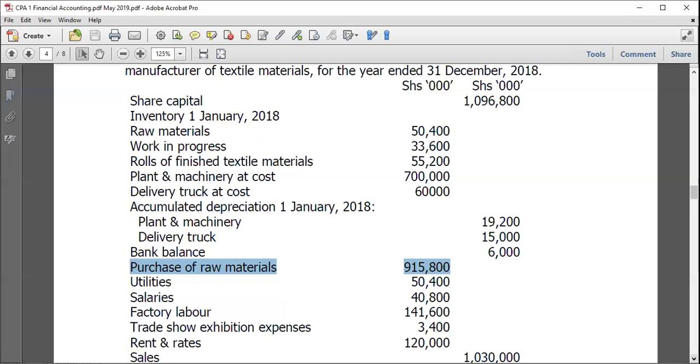The next thing we also have is what we call utilities. These are our expenses. As you can see, we have utilities, we have salaries, we have factory labor.